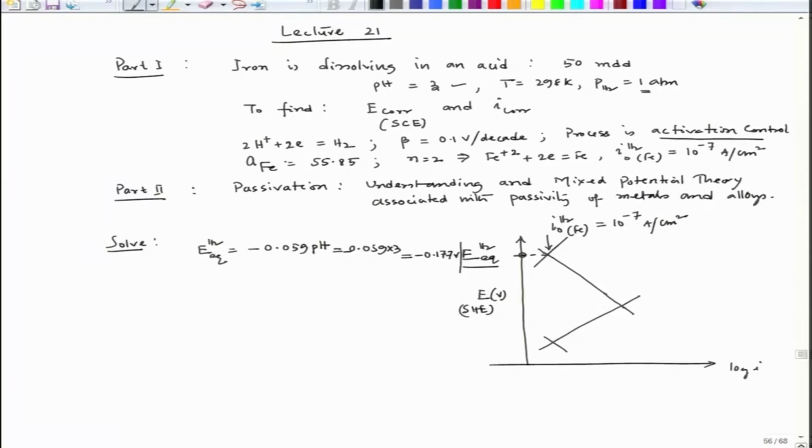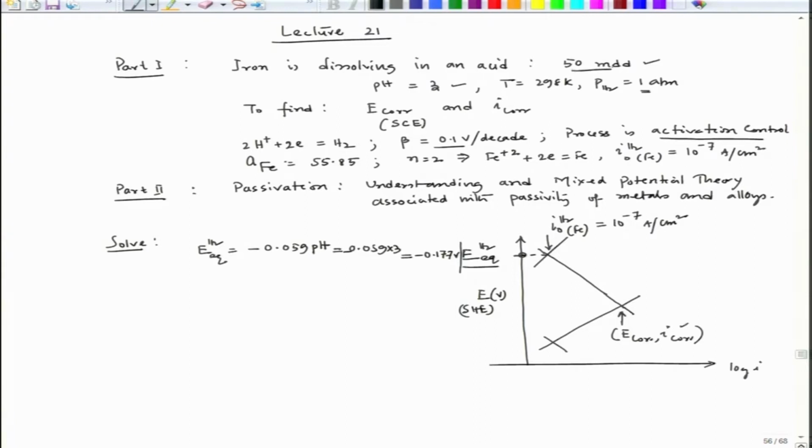Now, since beta is considered 0.1 volt, and if I try to find out E core, I core can be found out from this data, because we have already measured this.